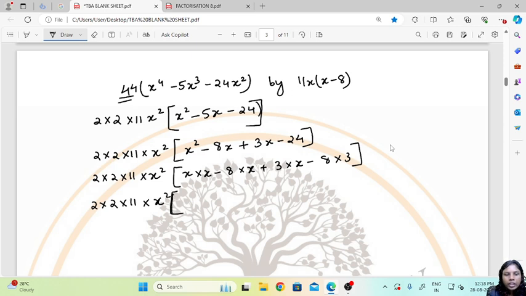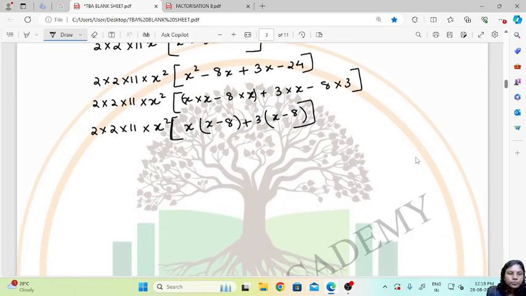From here again we can take out common. In these two terms x will come common, so what will remain is x minus 8. Then here again 3 will come out common, so what will remain is x minus 8. Next we go down. Now we can write this as 2 into 2 into 11 into x square into x plus 3 and x minus 8.